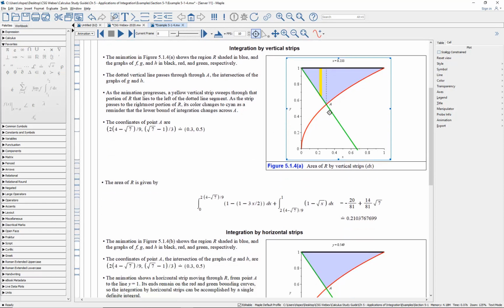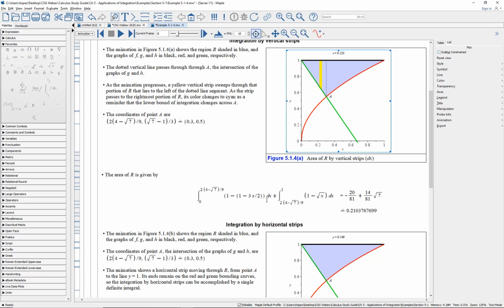Well, one thing you have to do is you have to get the coordinates of this point A, because you have to know where the switchover occurs. Okay, so here's where the coordinates of the point A are given, and you can see that you have two integrals, green to black, red to black.